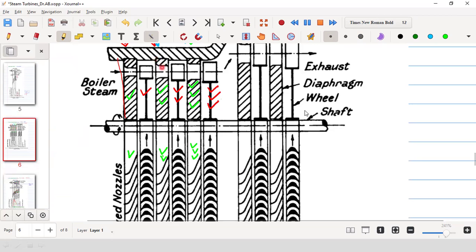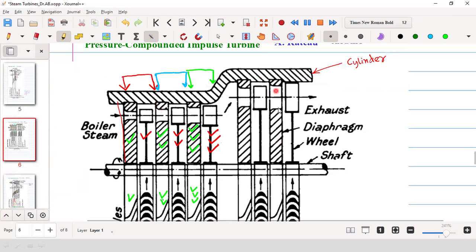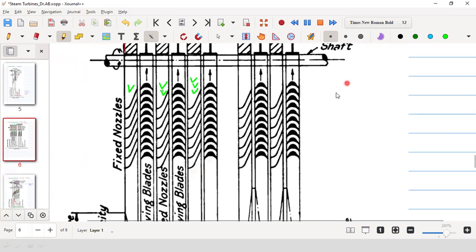These are called diaphragms. Within the diaphragm, there is a hole that is acting as the nozzle. After that, there is the wheel, and on the wheel, there is the blade. As usual, there will be the turbine shaft and the casing. This is called the cylinder.